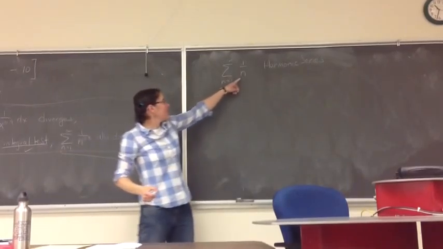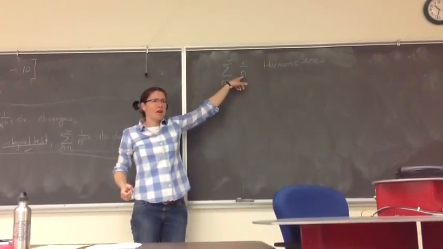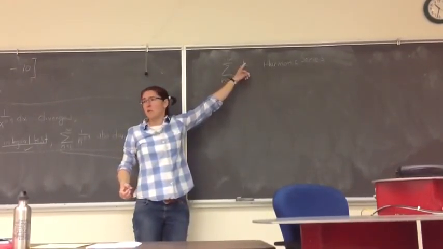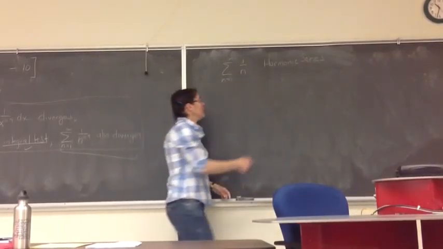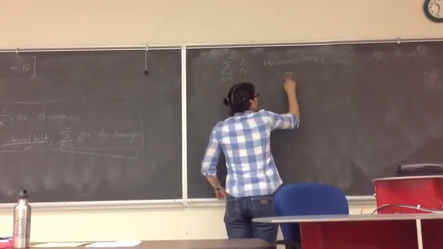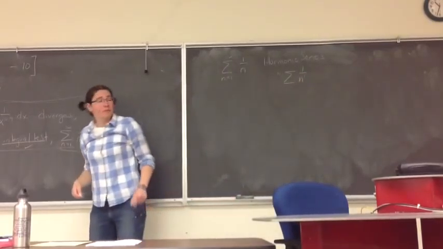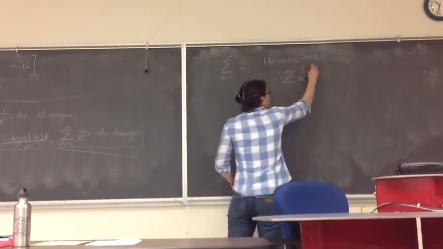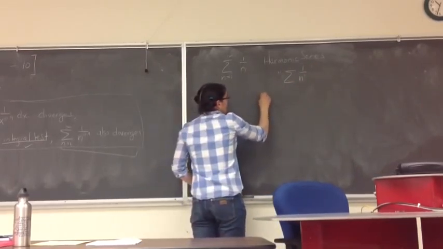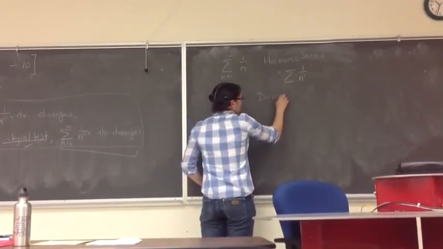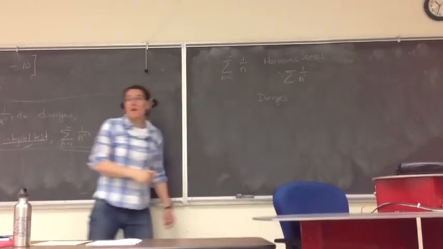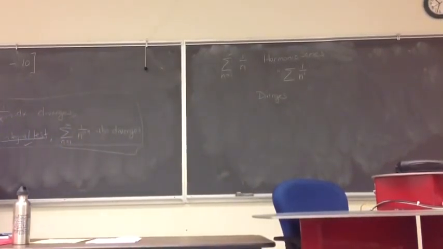There's no power on this n, but if I wanted to, I could think of the power on this n as a power of 1. We just don't write that down. And so we can think of this as the sum of 1 over n raised to the first power. And so that's our harmonic series. And we showed last time that the harmonic series diverges, and we used the integral test to show that.